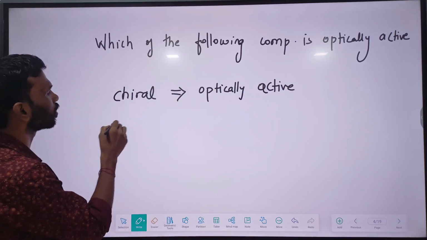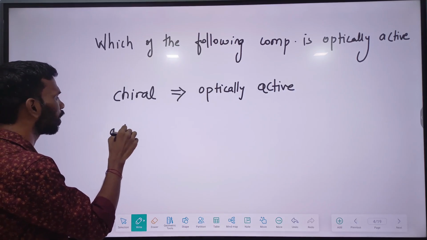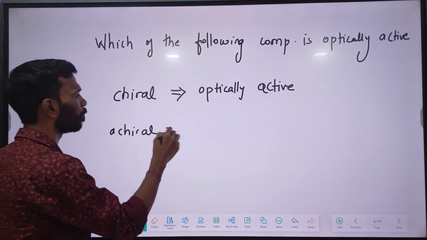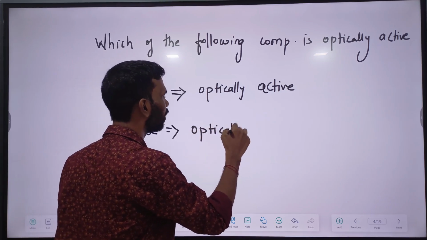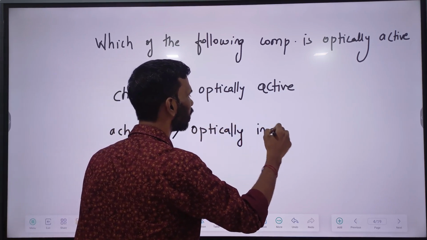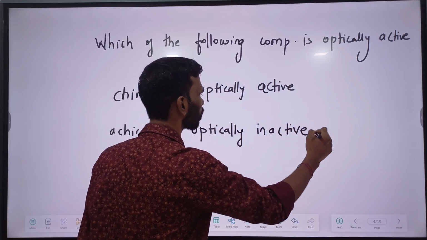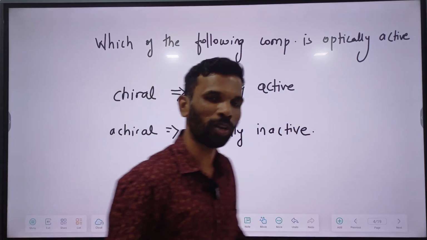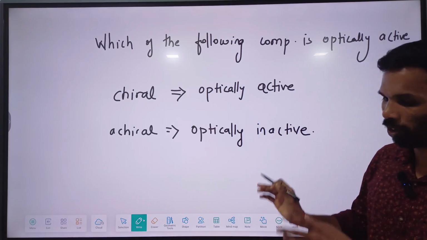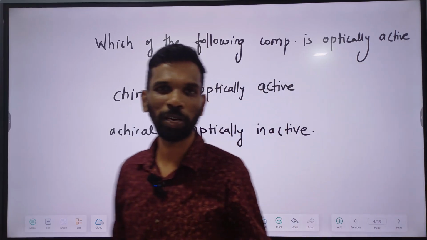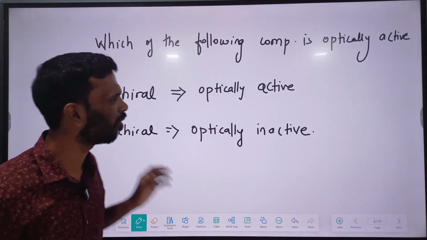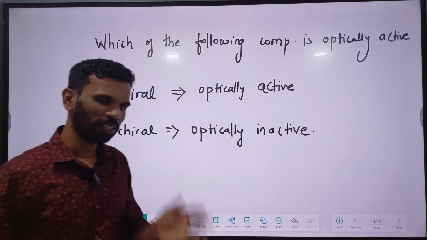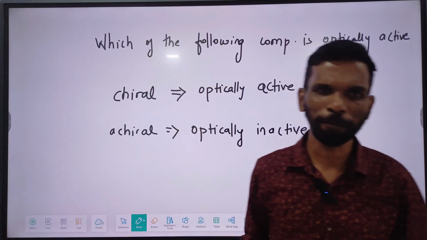And achiral, or symmetric, means optically inactive. If you want to learn what optically active and inactive mean, you can refer to my stereochemistry series on stereoisomerism, where I have explained isomerism in detail. Just refer to my playlist and you will understand.